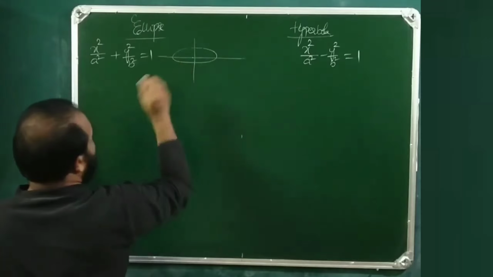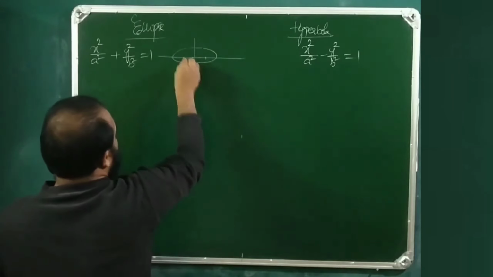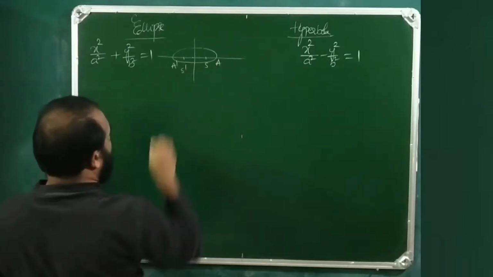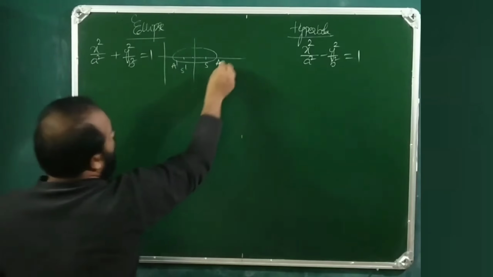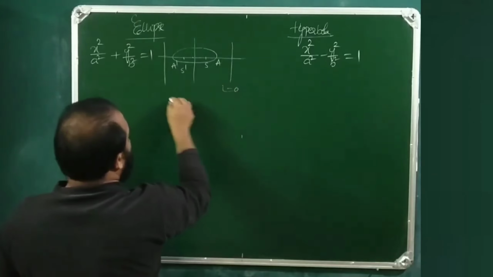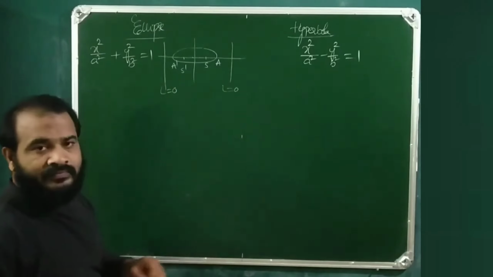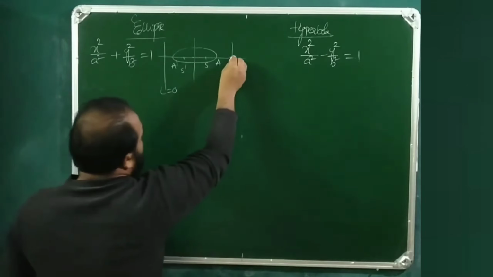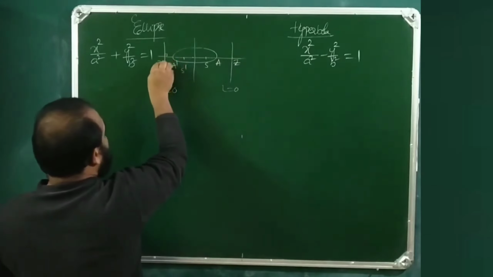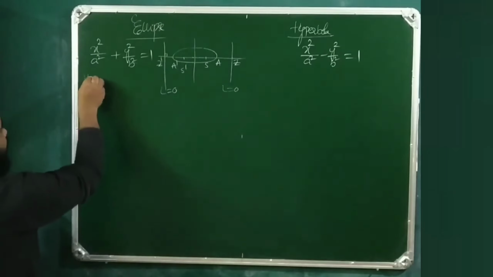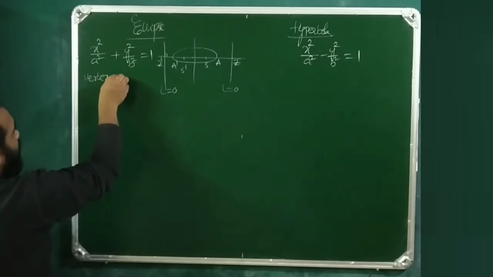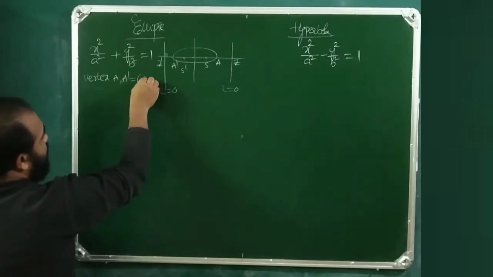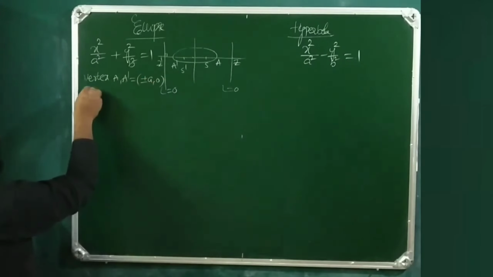The diagram for this is this, and A, A dash are the vertices, S, S dash are the foci, L equals to 0, L dash equals to 0 are the directrices. So here the vertices A, A dash are equal to plus or minus a comma 0.